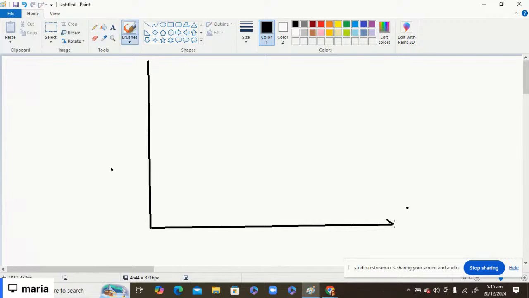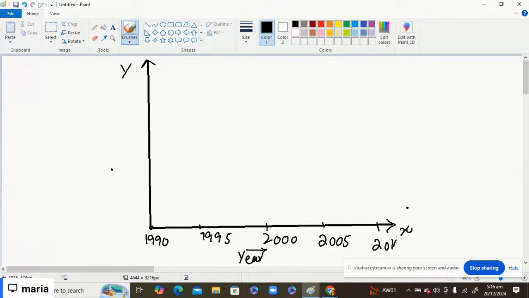Okay, let's suppose I'm going to tell you this is the graph. This is the x-axis, that is the y-axis. Okay, for example, number of years is given: 1990, 1995, 2000, 2005, and 2010.